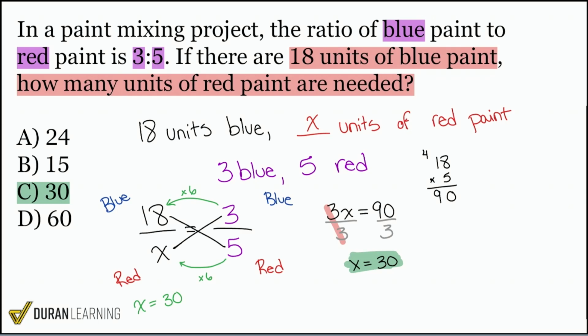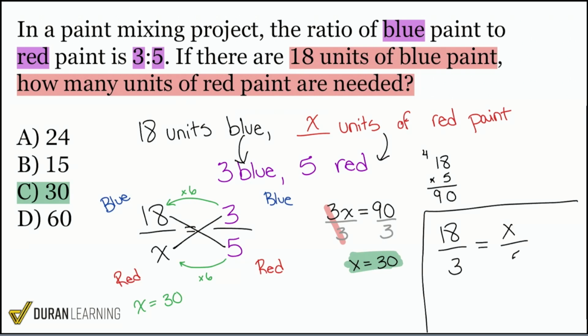So with that, I want to write out just one more way that this could have been set up. If you wanted to set this up a different way, we could have also done this. Here on the bottom right side, check it out. We could have done the comparison of blue to blue, 18 over 3, then compare red to red, x over 5.